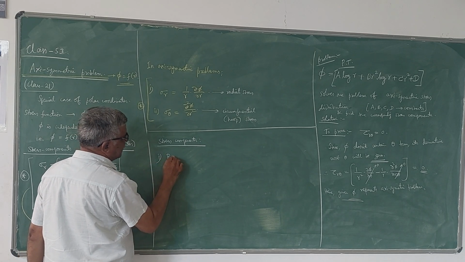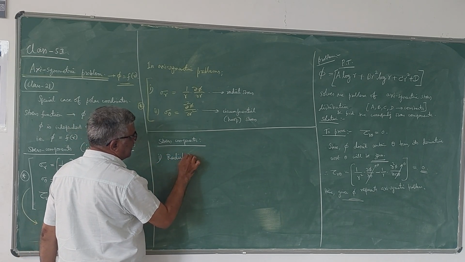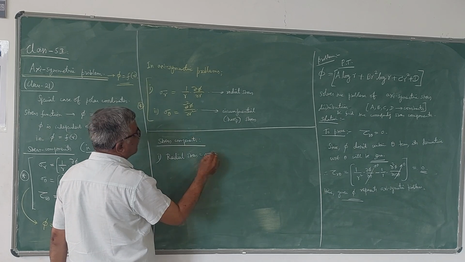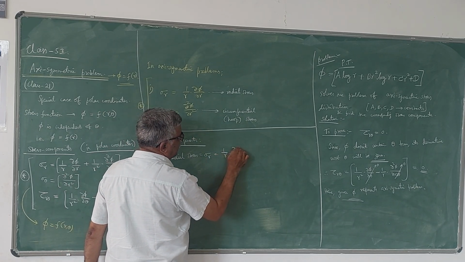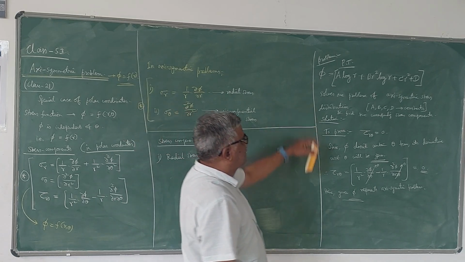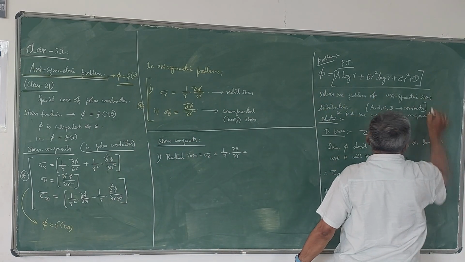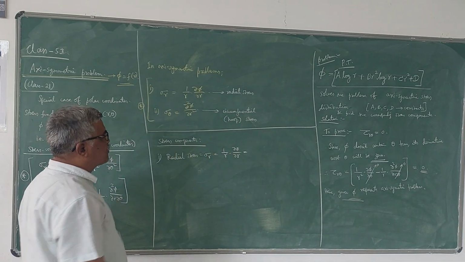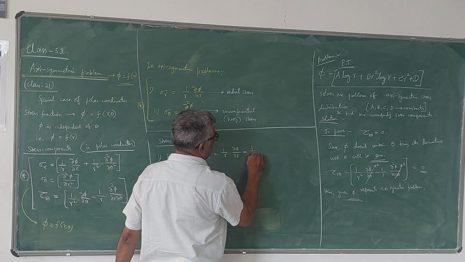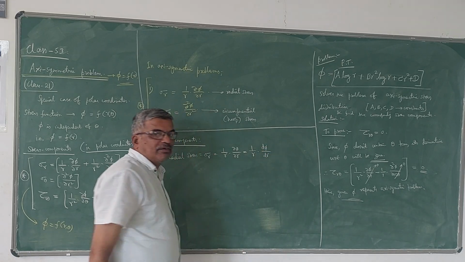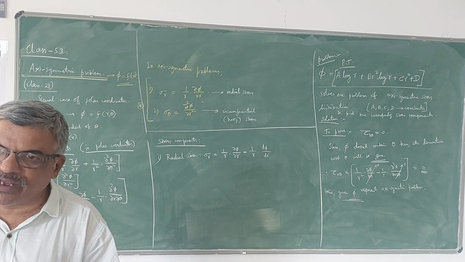There is radial stress sigma r given by 1 by r into dou phi by dou r. You have phi here. Differentiate this with respect to r partially. Anyway, that partial derivative becomes a total derivative. Please note that 1 by r into dou phi by dou r is nothing but d phi by dr. Why is it d phi by dr?